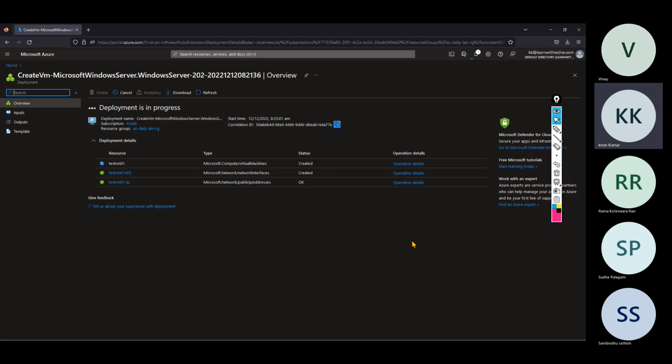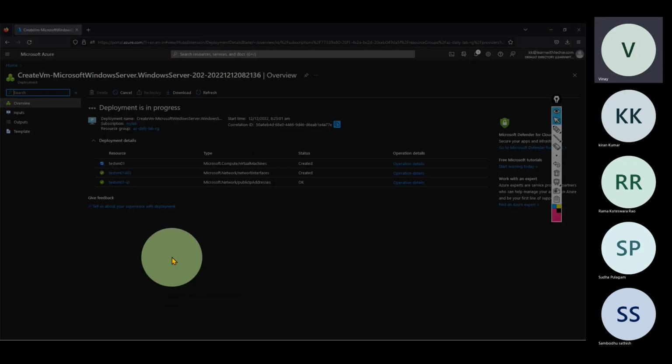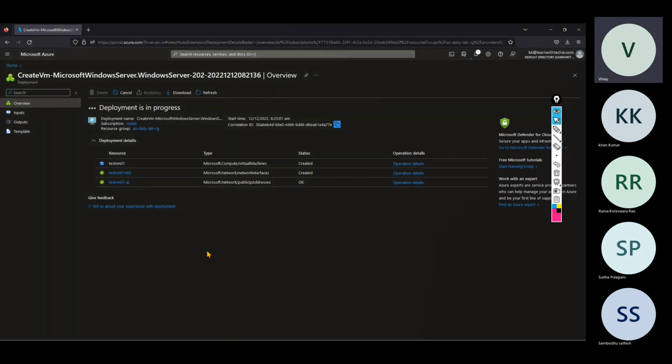Satish, Vinay, Sudharani. We can take that. We can take the RDP of this virtual machine. What about Satish?